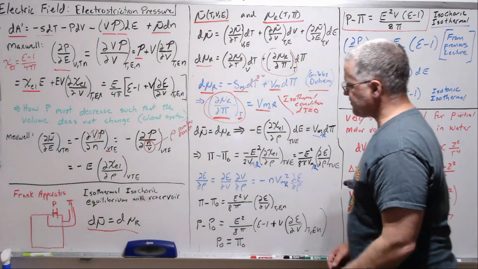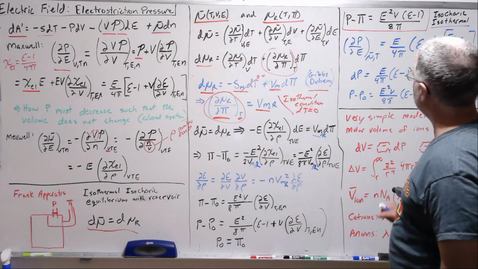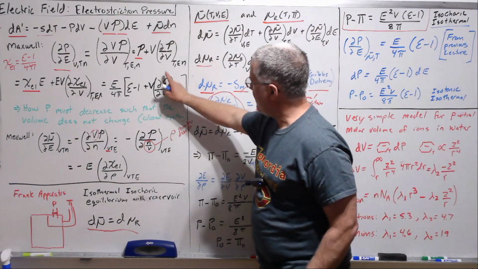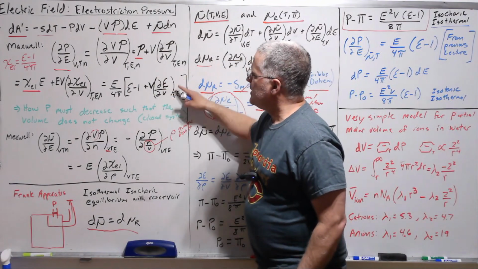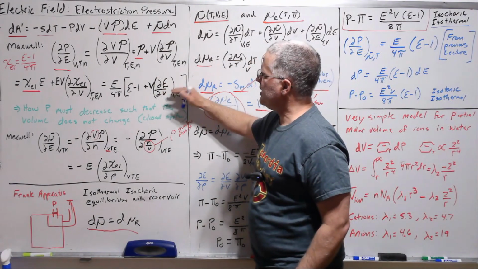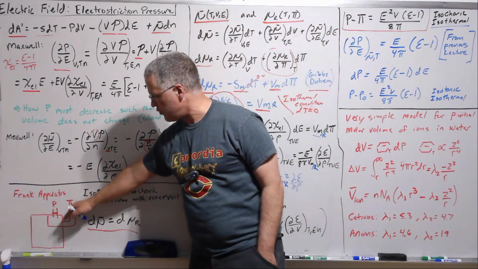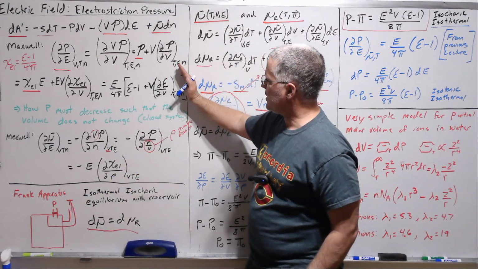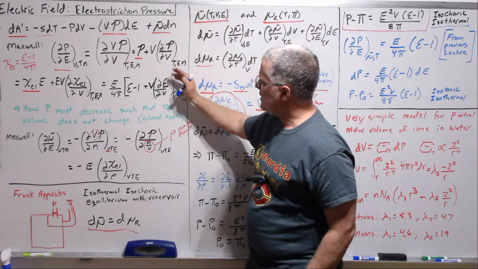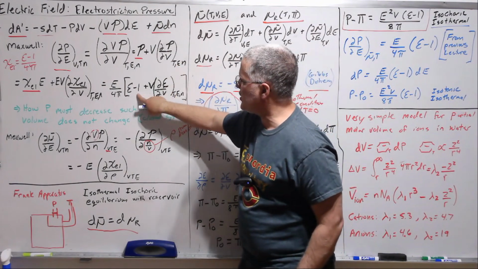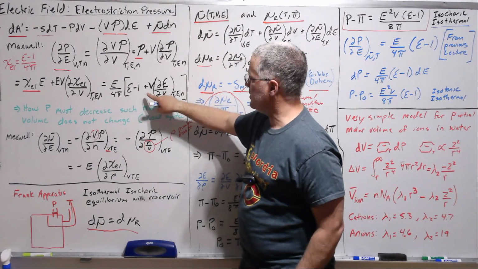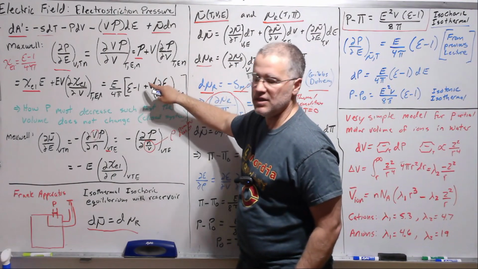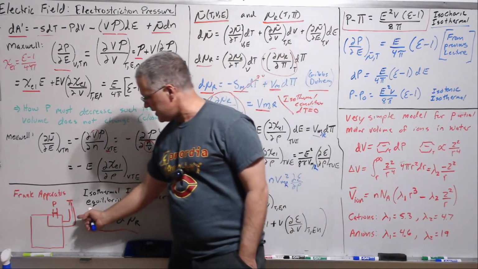So notice it is missing this term here. So this term, if we're not allowing this reservoir to be involved, so if we're under a closed system situation, then we have this change in pressure due to the field's action, but we also have this response of the material, and there's nothing it can do about it.